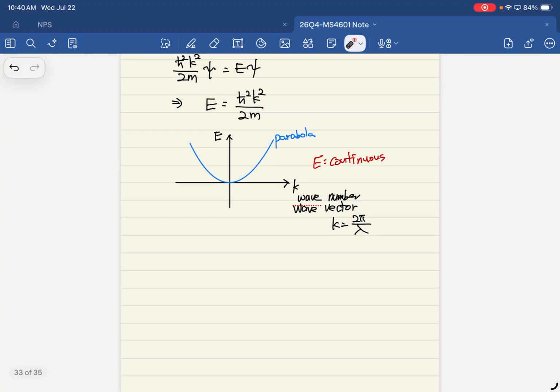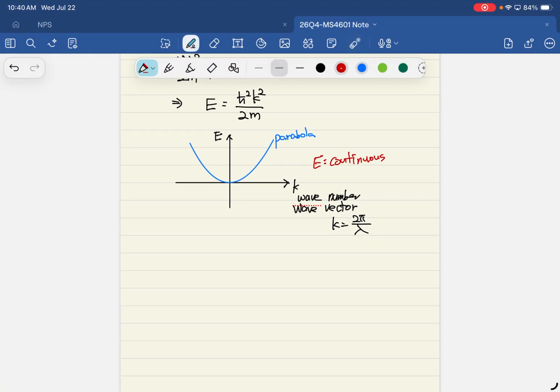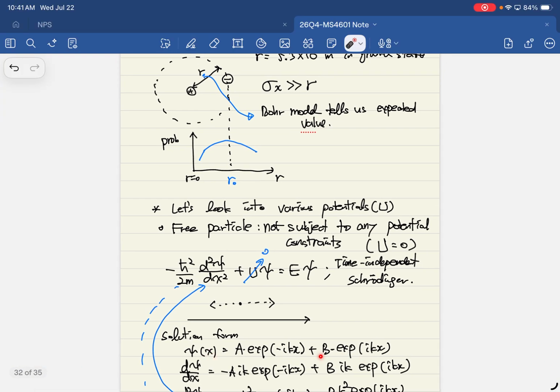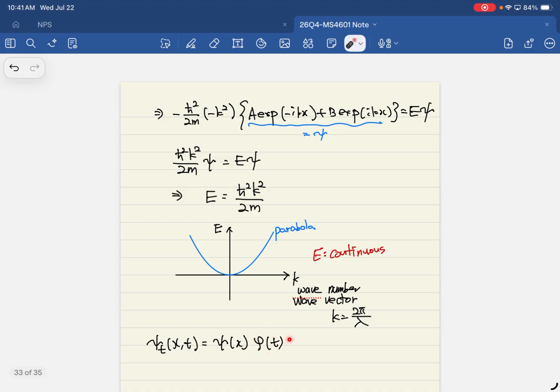So with this one, now we can also look at the full solution. Full solution is now psi of x comma t. If we get the full solution, which has time dependency, how do we get that? That is essentially the space dependent function multiplied by the time dependent function, right? This psi of x we already obtained here. And then what about phi of t?